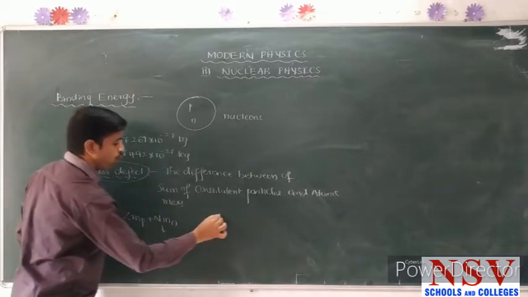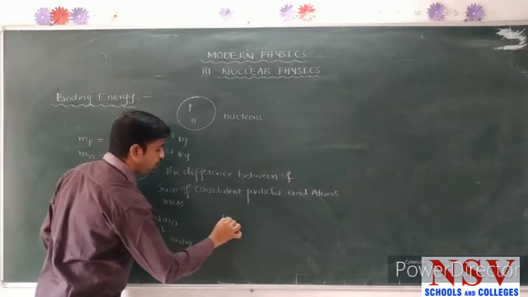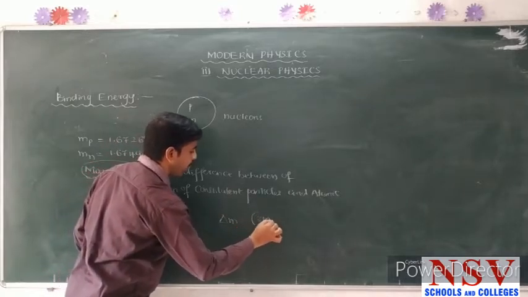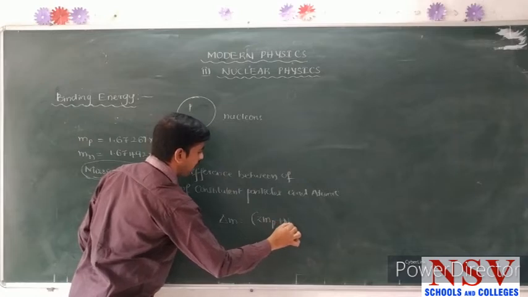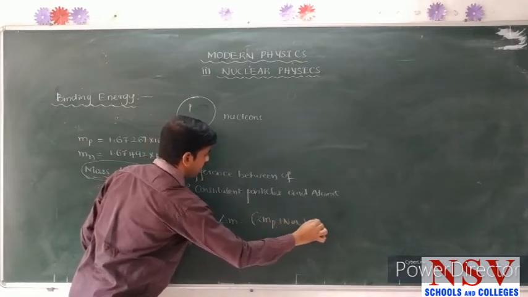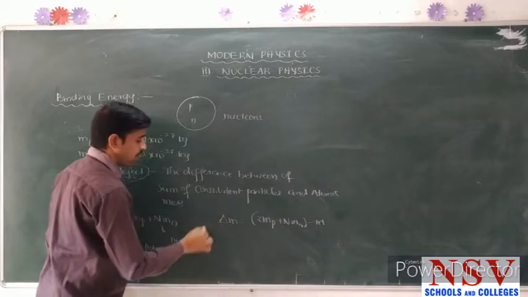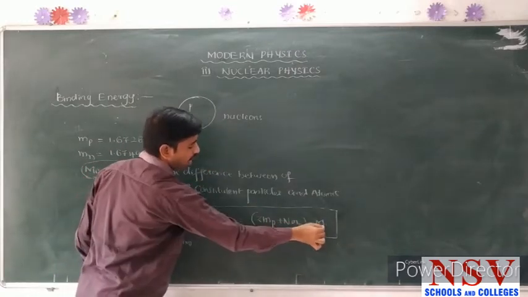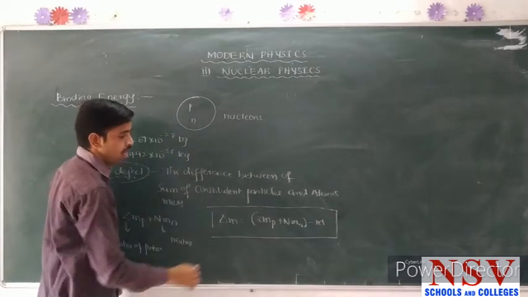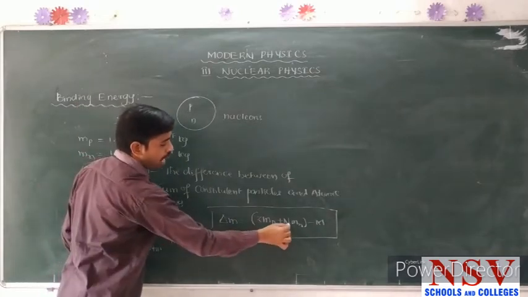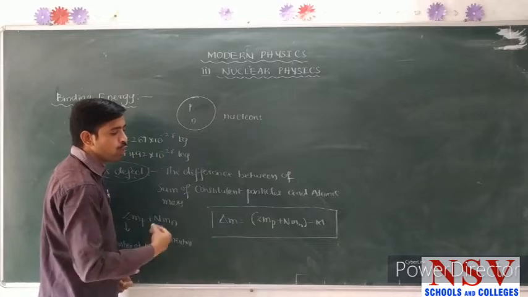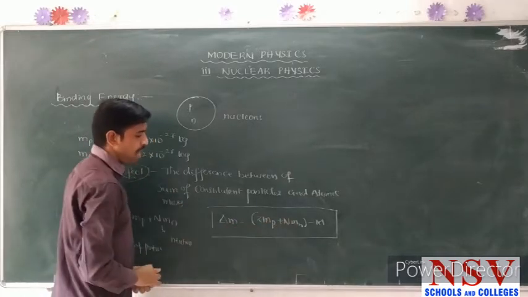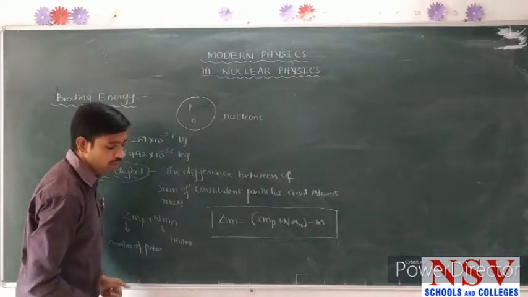The mass defect we denote as delta M, which equals ZMP plus NMN minus M. Here capital M represents the atomic mass of the nucleus, and ZMP plus NMN represents the individual masses of the protons and neutrons.